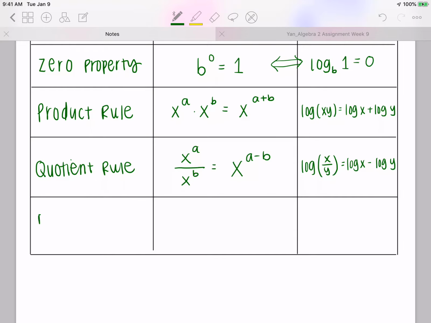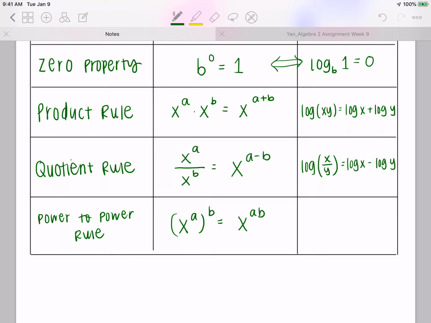The next one is called power to power rule. If I have x to the a to the b power, if the exponents are next to each other, we usually multiply them together.